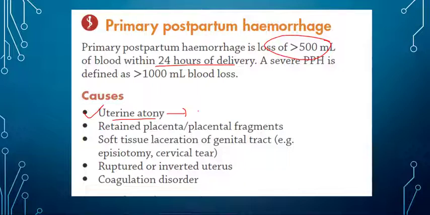You just massage the uterus, and it can sometimes start the contraction. Apart from uterine atony, we have retained products of placenta, genital tract laceration like episiotomy, cervical tear, perineal tear, ruptured uterus or inverted uterus, or coagulopathies. So these are the main causes of primary PPH.